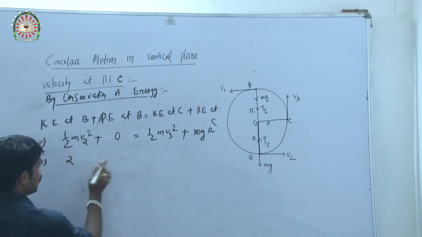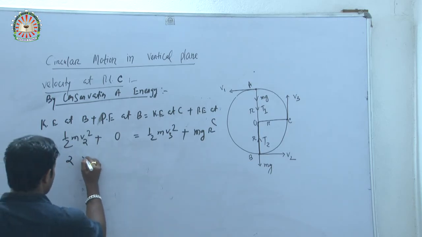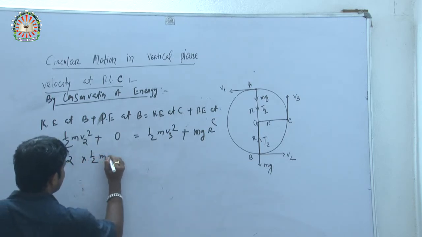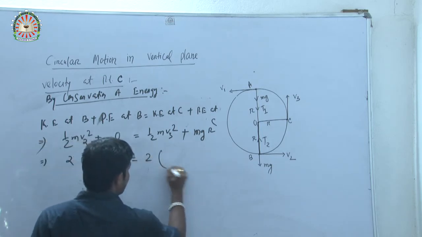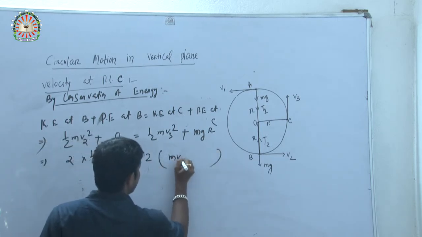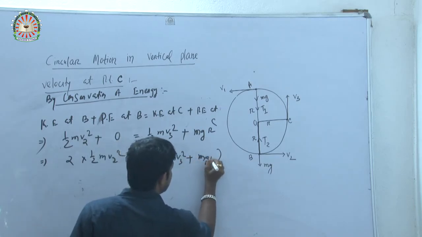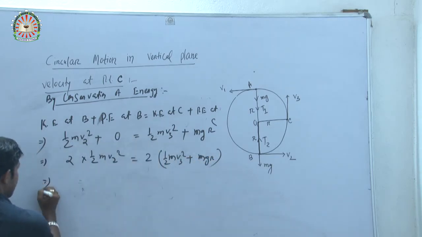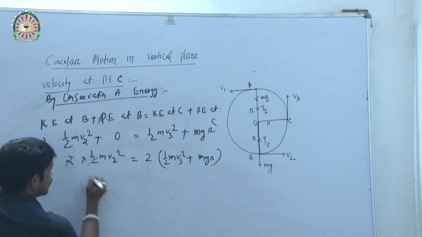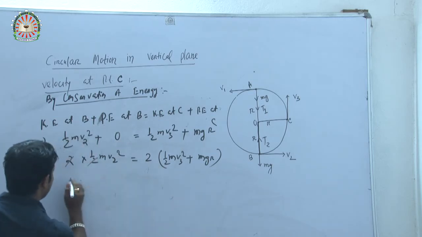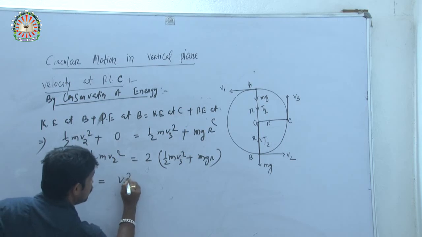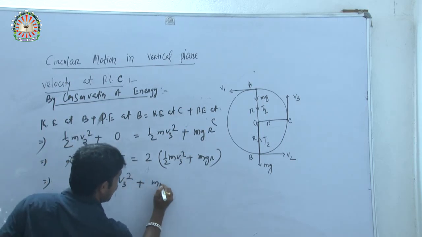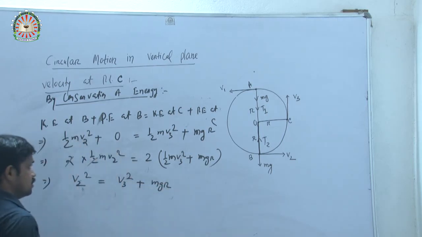Okay, so now again we have to complete. So what can we do? We have to multiply by 2 on both sides. Same process. So this is half m v2 square is equal to half m v3 square plus mgr. Now these two cancel out, and m cancels. So you can write v2 square is equal to v3 square plus 2gr.